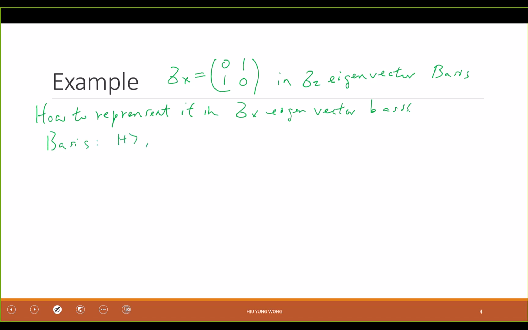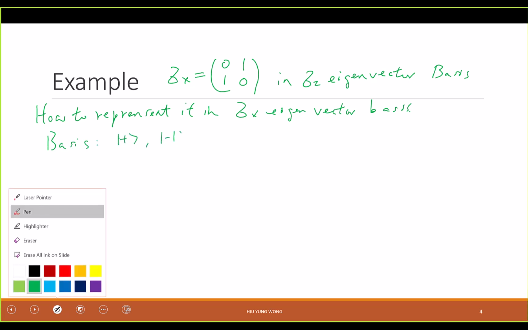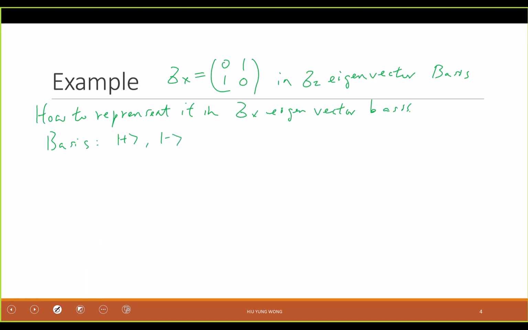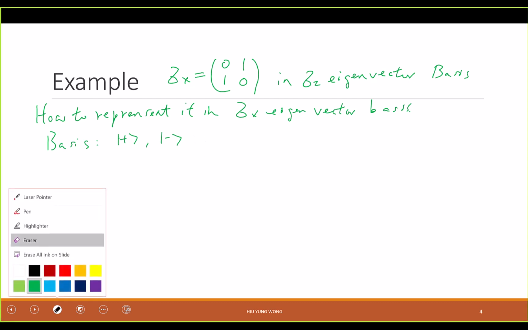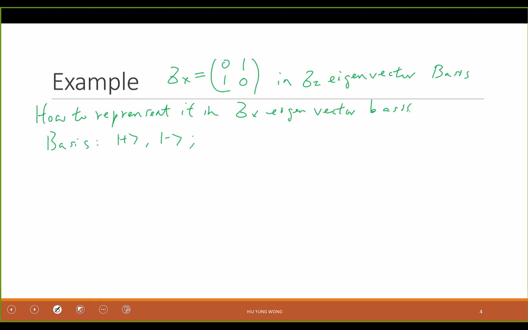Plus and minus. Right? I call them that because this is just a name I call it, you can call it happy and sad, right? But for plus and minus, I want to represent them in the sigma z basis because I need this to do the operation.